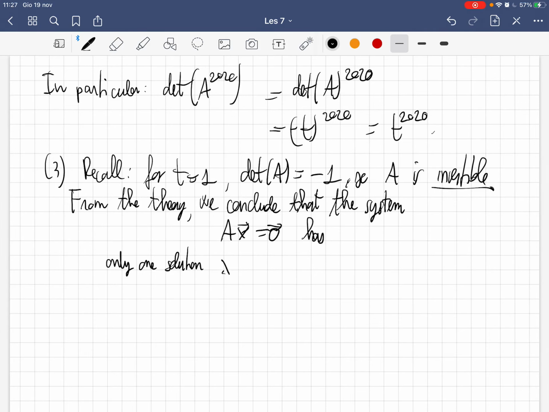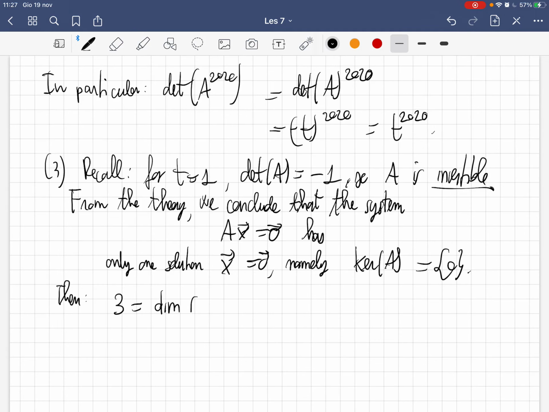This is x equal to 0, namely the kernel of A is trivial. Then you recall that 3 is equal to the dimension of the kernel plus the dimension of the image.